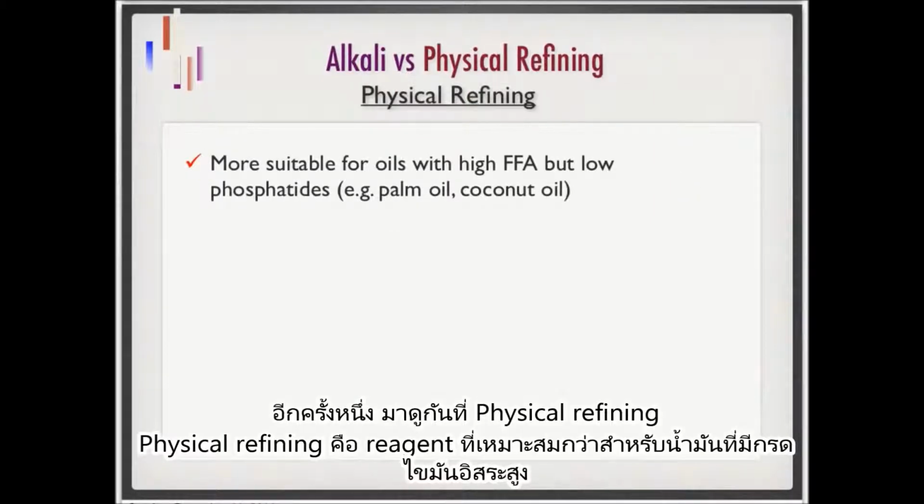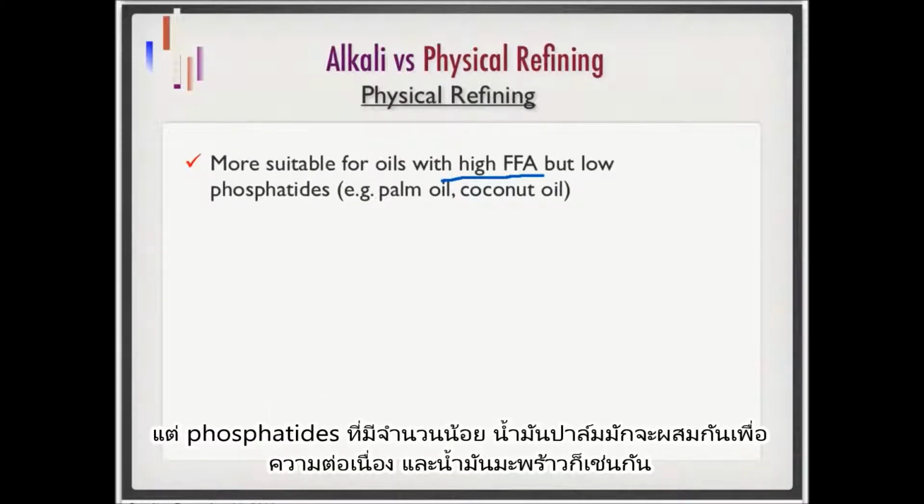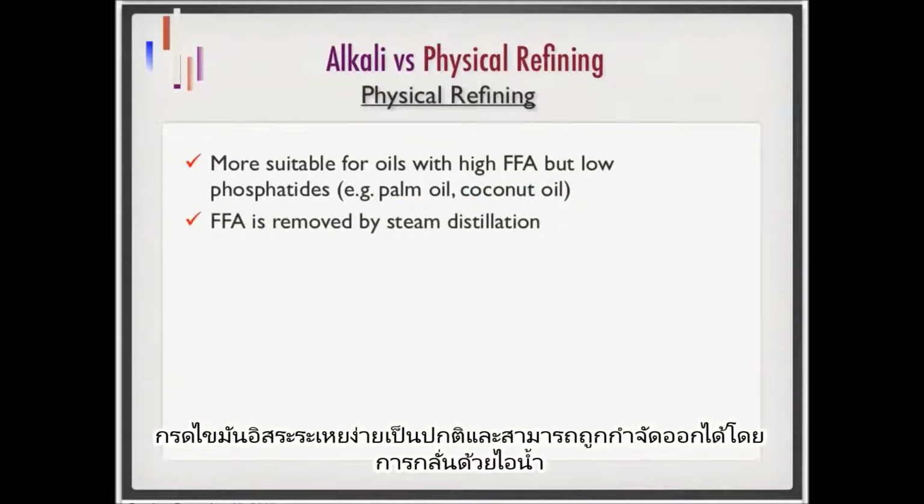Okay, now let's look at physical refining. Physical refining is in general more suitable for oils with a high amount of free fatty acid but relatively low content of phosphatides. So our palm oil actually meets this criteria, and also coconut oil. Free fatty acids are generally very volatile and can be removed by steam distillation.